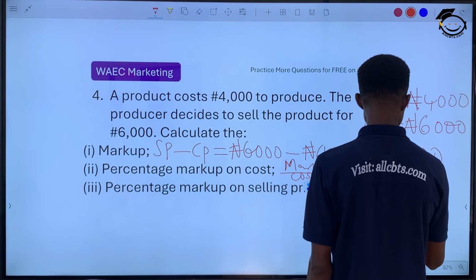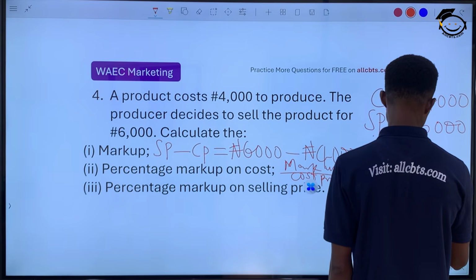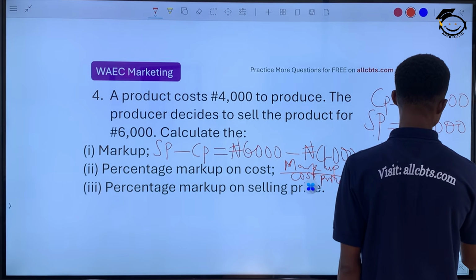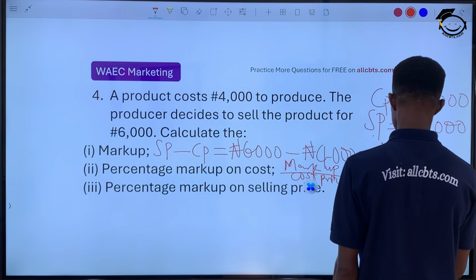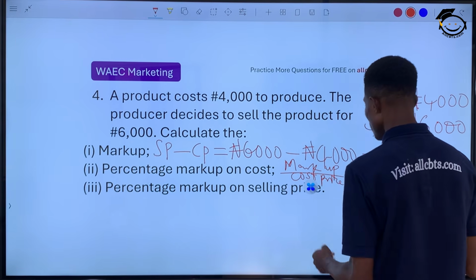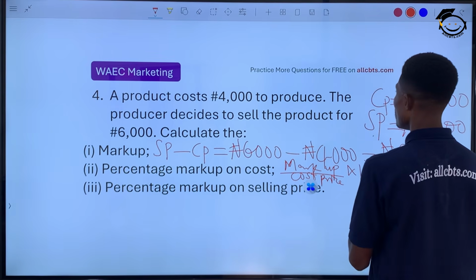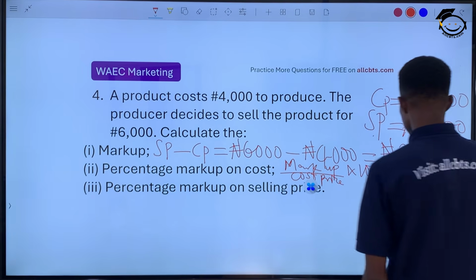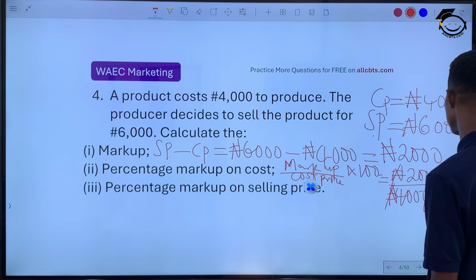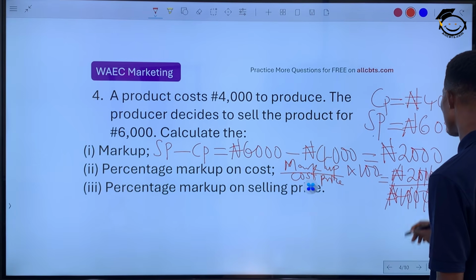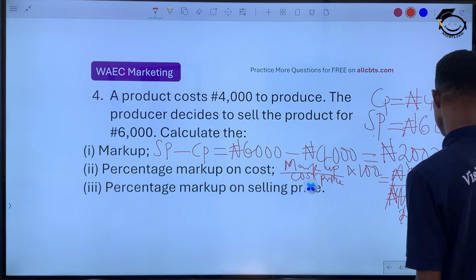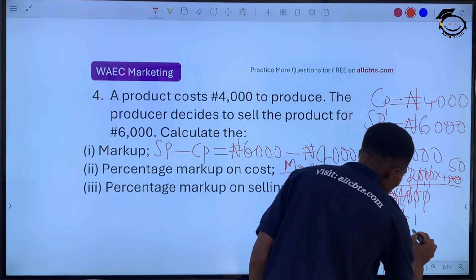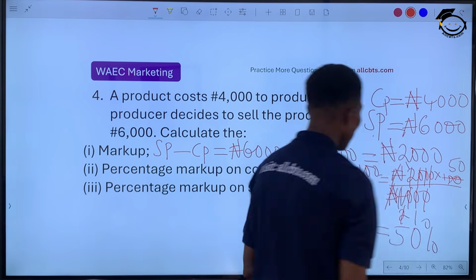Our markup is 2,000 naira times 100 over the cost price, which is 4,000 naira. Naira cancels naira, zeros cancel zeros. 2 over 4 is 1 over 2, that is 50. So our final answer is 50%. That's the percentage markup on cost.